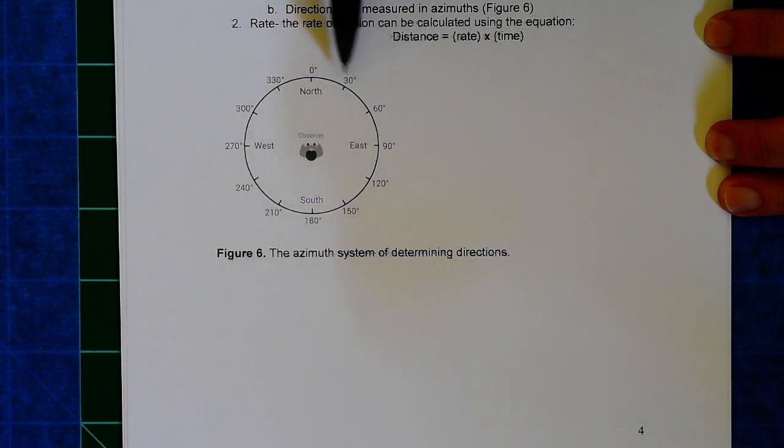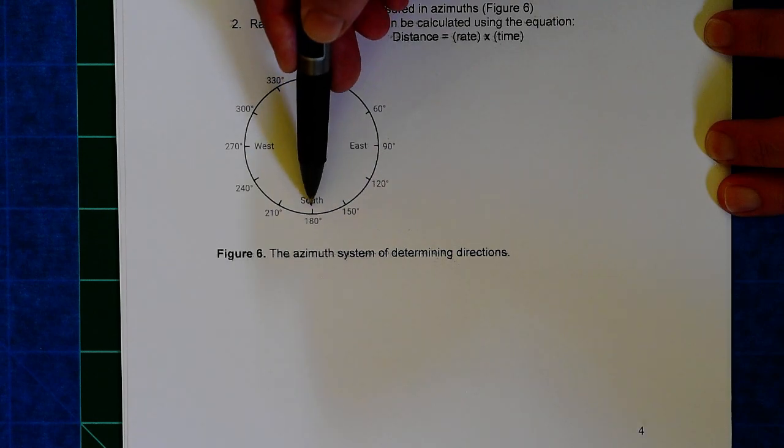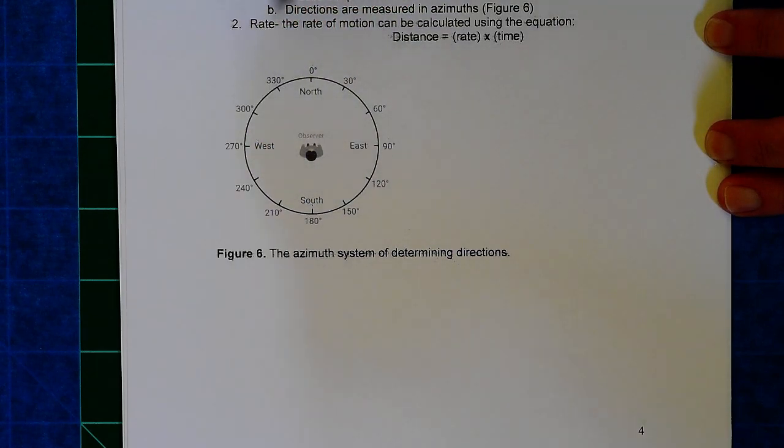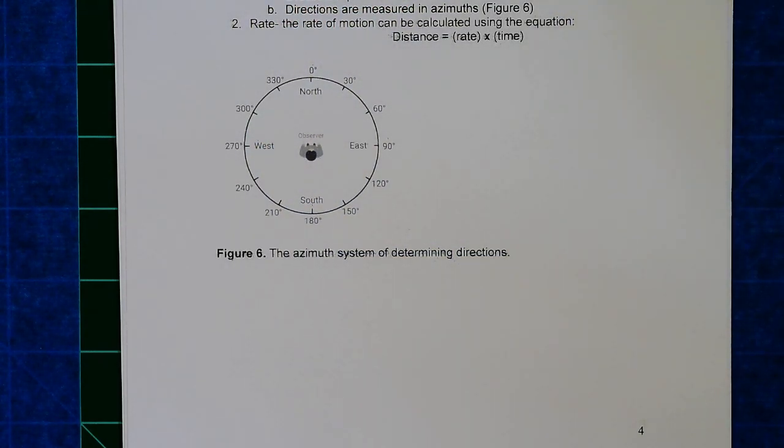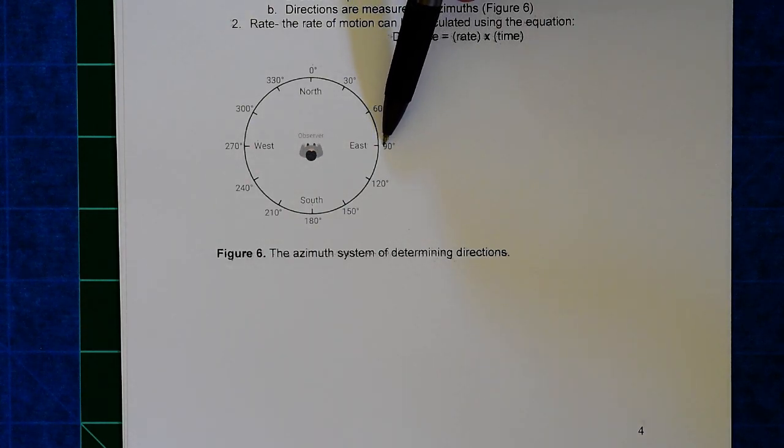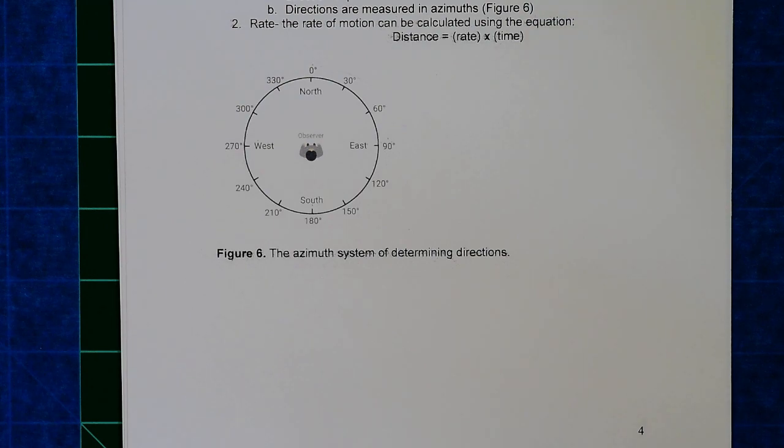So north is 0, east is 90, south is 180, west is 270. This is why if you watch movies like Top Gun, and Maverick in Top Gun is saying, hey, I'm flying bearing 090. Well, what he's saying is he's flying east. He's flying 090. So now you know what that means.